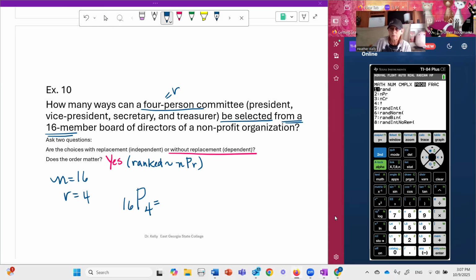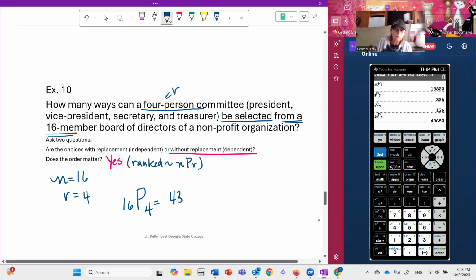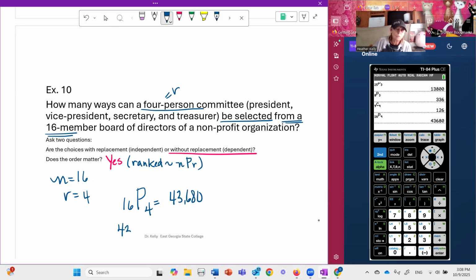Oops, one too many. Story of my life here. 4. Enter. 43,680. So there's 43,680 ways to choose the 4-person committee.